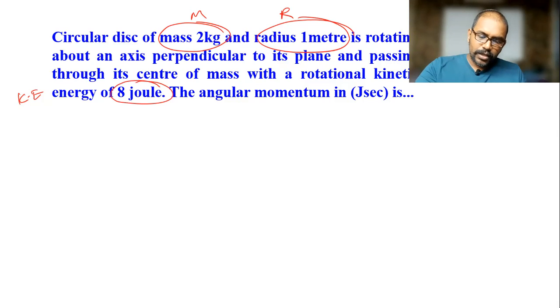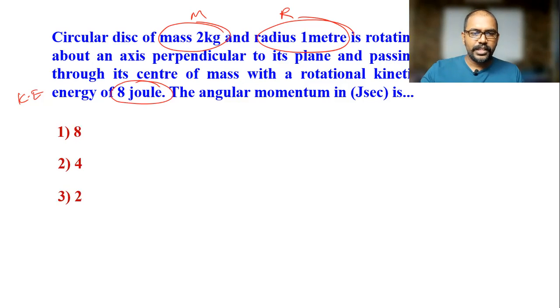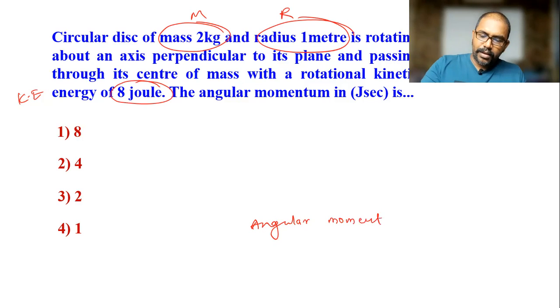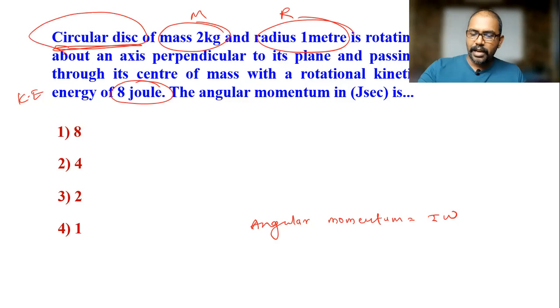Now, angular momentum is given by a formula. Before the formula, let's see the options. The 4 options are displayed here. Angular momentum is given by the formula L is equal to I omega. It's a circular disc, so the disc has a moment of inertia m r square by 2, into omega.